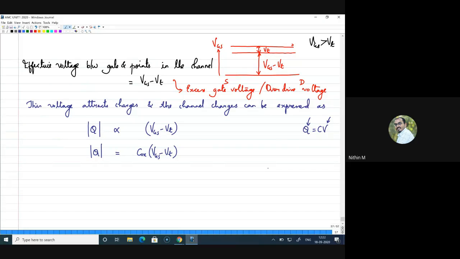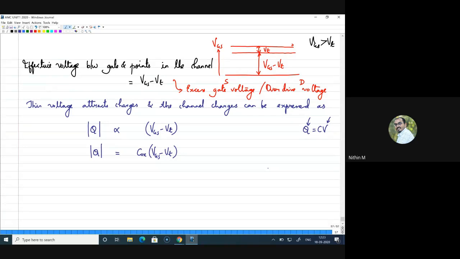Now how to get the total capacitance? If I know the unit area capacitance, can I get answers in the chat box? See that your unit area capacitance is Cox, that is measured per unit area. So to get the total capacitance, this should be multiplied with area. Very good.